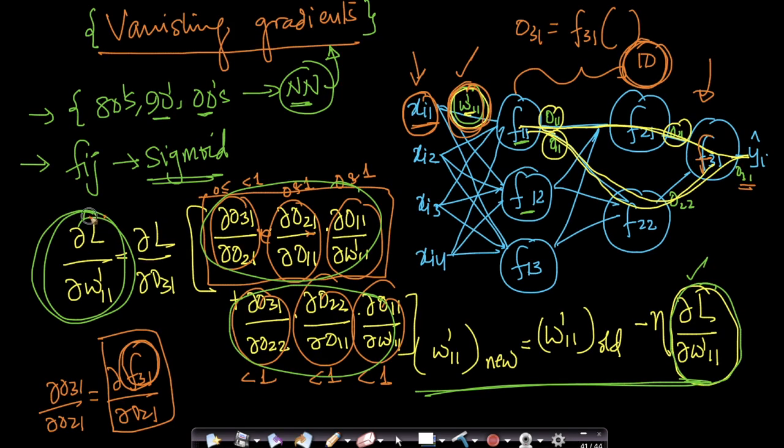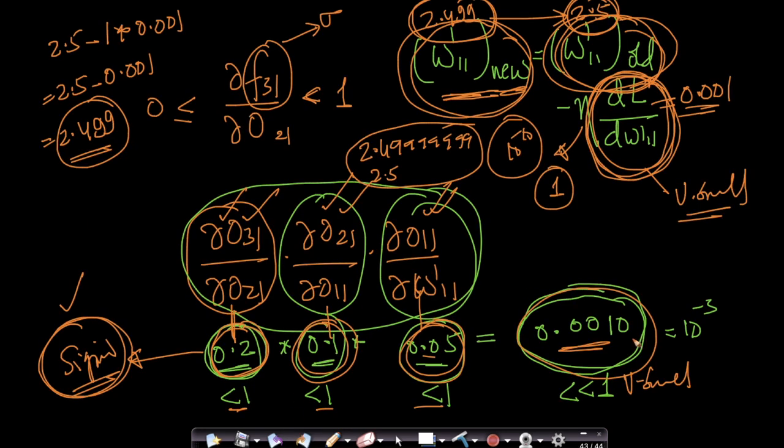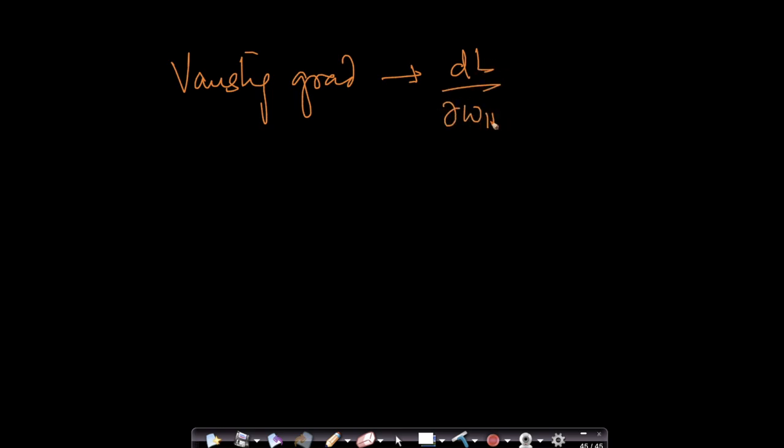Why? Because the final gradient that you're getting here is vanishing, or it's becoming very, very small because of this chain rule based multiplication, right? So in a nutshell, vanishing gradient basically means that the derivative that you have with respect to some of the weights w_ijk is becoming very, very small.